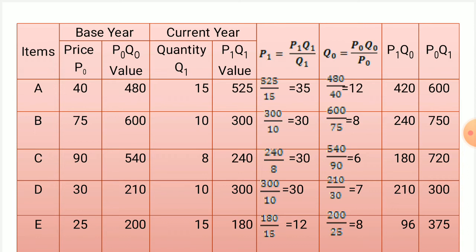Then P0 Q1: 40 into 15 is 600, 75 into 10 is 750, 90 into 8 is 720, 30 into 10 is 300, 25 into 15 is 375.